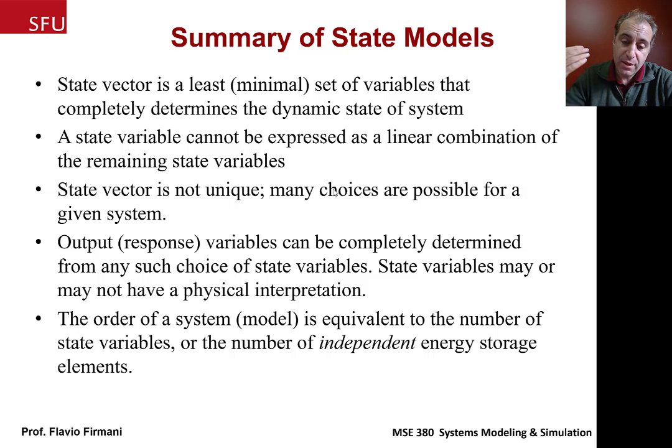You can have what we defined as the mathematical approach, or you can have the physical approach based on the across and through variables, or you can have the flow and effort approach. So there are different ways in which you can model your system. The output or the response of the system can be completely determined from any choice of state variables that we make.